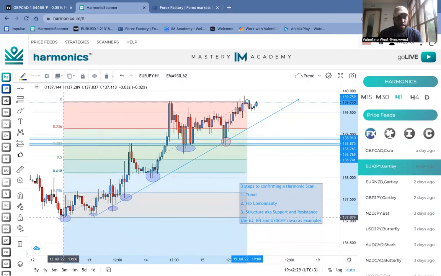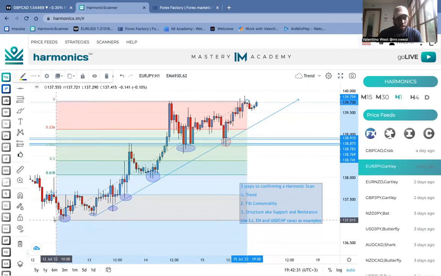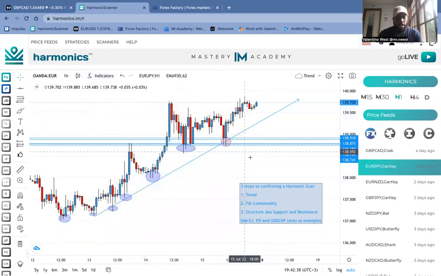And then this is basically the same location right here. And there's no real fib level here. But essentially, we have 1, 2, 3, 4, 5 key fib levels all at this same location. Okay. So fib commonality is definitely a check.